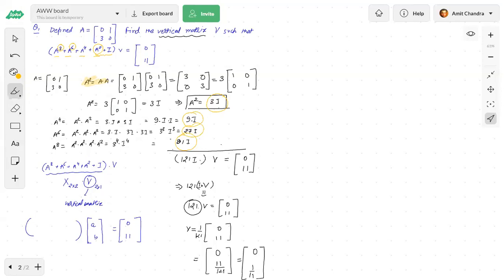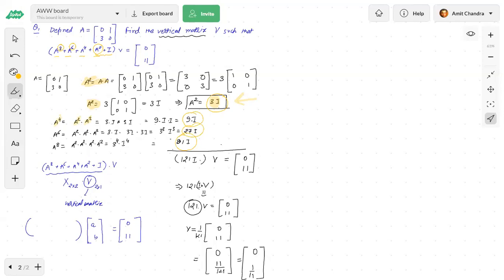The first basic thing is you will find a square. As soon as you get a square, you will see that a square is nothing but 3 into the identity matrix. Now I can write a to the power 4 as a square into a square, that is 3 into identity into 3 into identity.